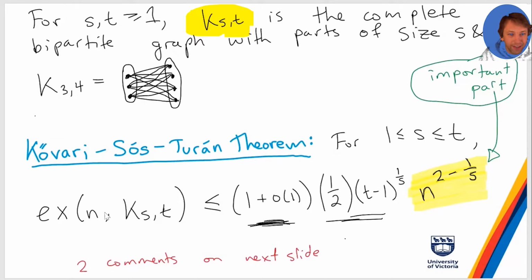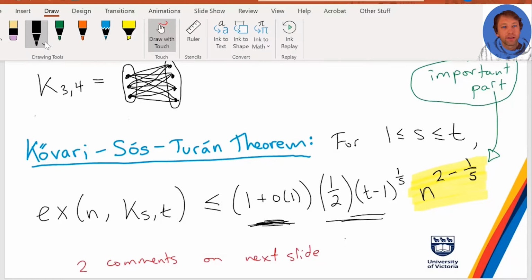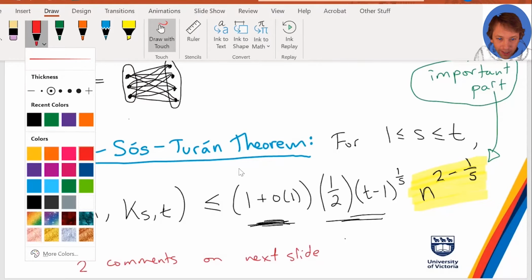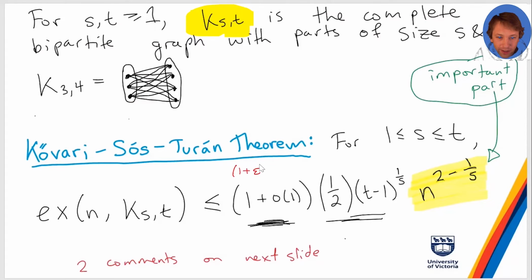So is it clear what this thing is saying? Basically, the 1 plus little o(1), all I really mean is that it's at most 1 plus epsilon, provided that n is bigger than some function of epsilon.